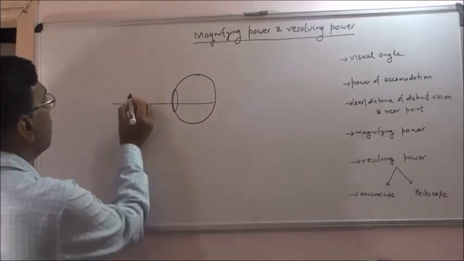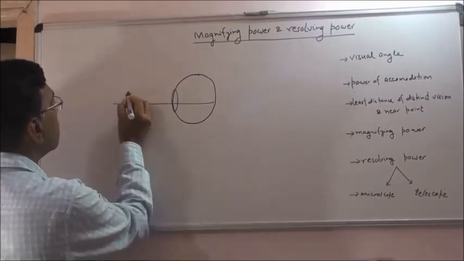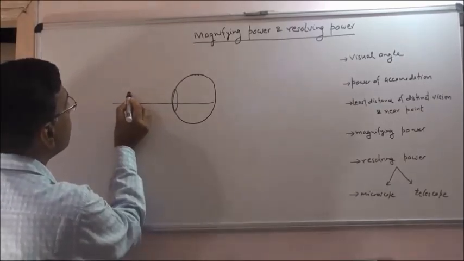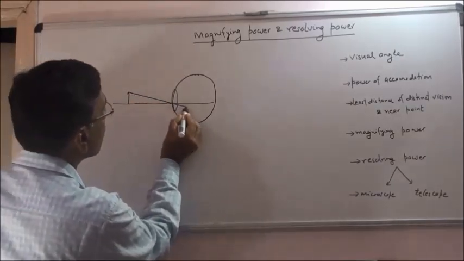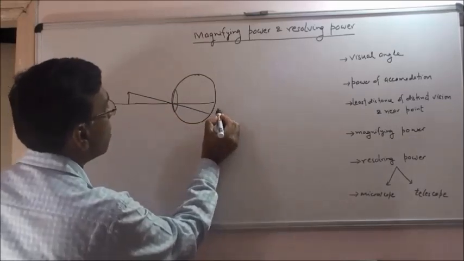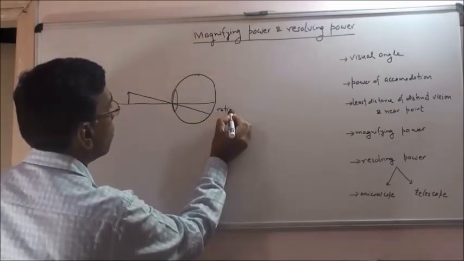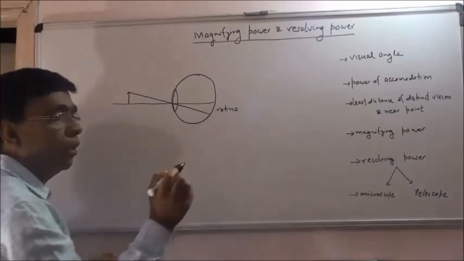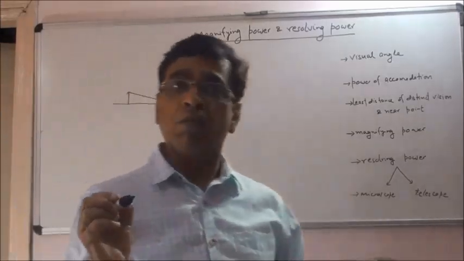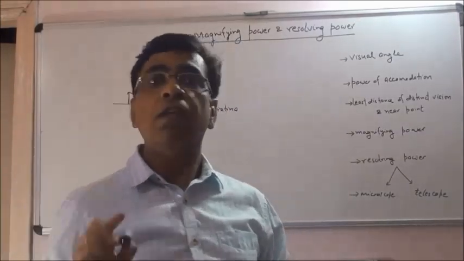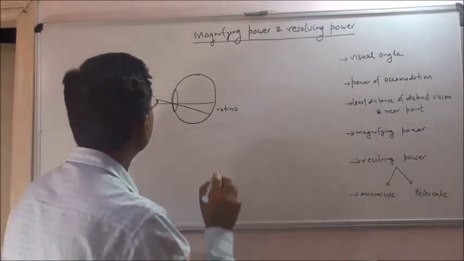This is how. Let me say one object is here. This is a retina. On retina, the image is always inverted. It is the processing in the brain which makes it erect.